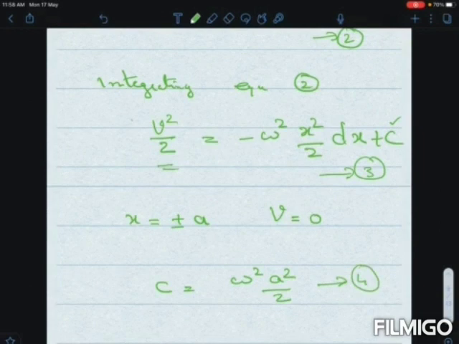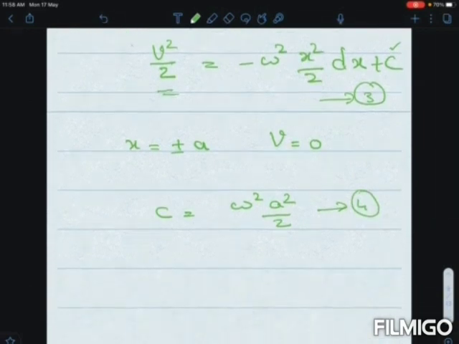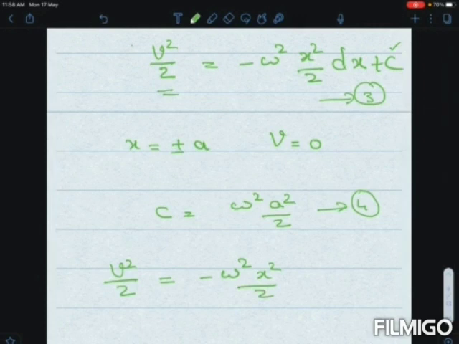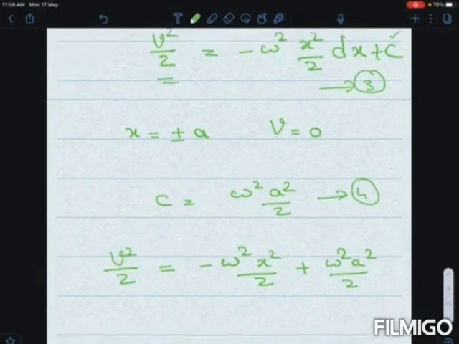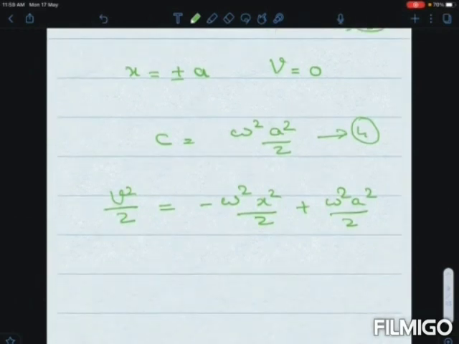So we'll just put this as equation number 3 and this as 4. So substituting 4 and 3, you have v square by 2 is equal to minus omega square x square by 2 plus omega square a square by 2. From this you can obtain v, so you can just cancel out the 2 all together.